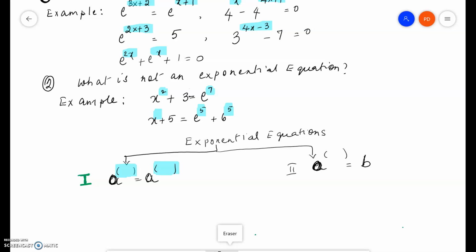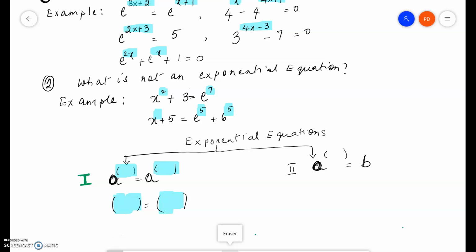In this case, we can use the one-to-one property of the exponential function. If a to the something equals a to the something else, then those two exponents would have to be equal. So this is one of the two types that we're going to look at here.